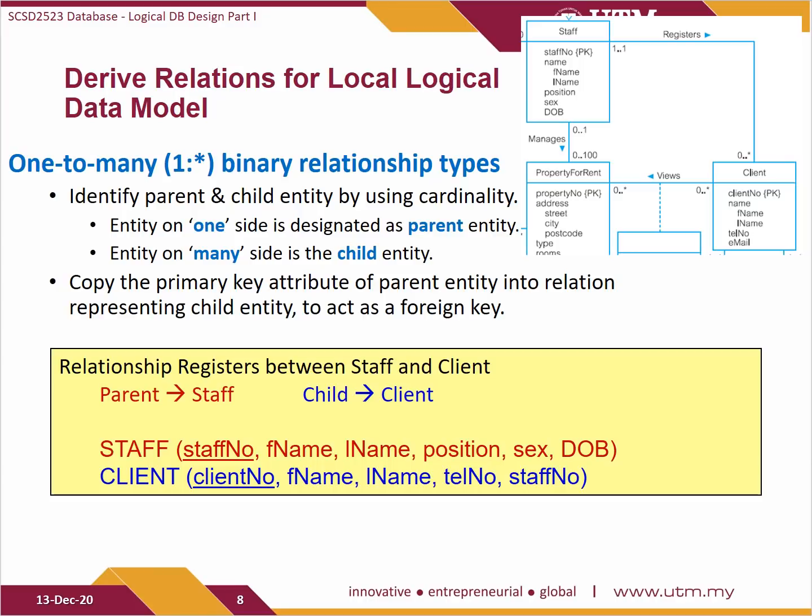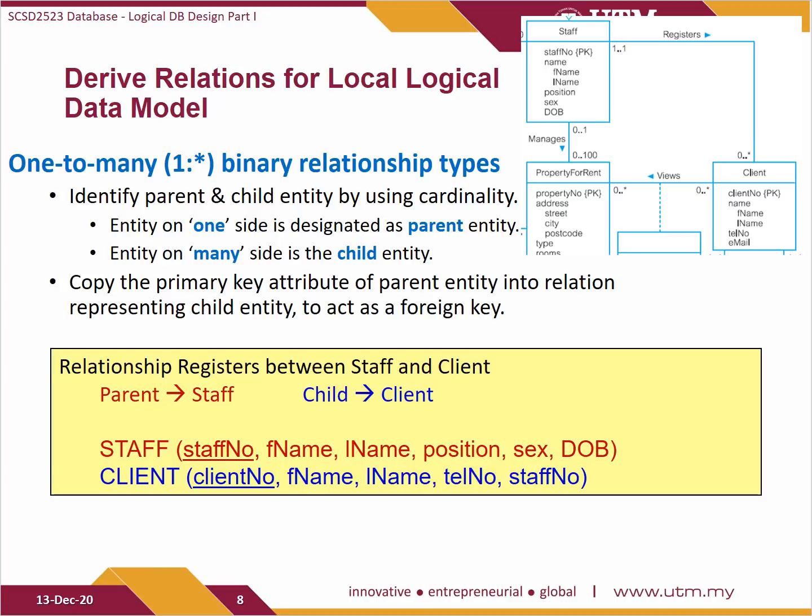For your information, the entity on the one side of the relationship is designated as parent entity, and the entity on the many side is designated as child entity. So, to represent this relationship, we post a copy of the primary key attribute of parent entity into the relation representing child entity to act as a foreign key.